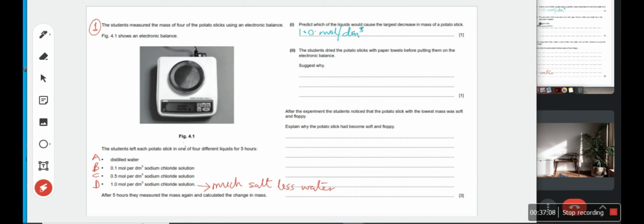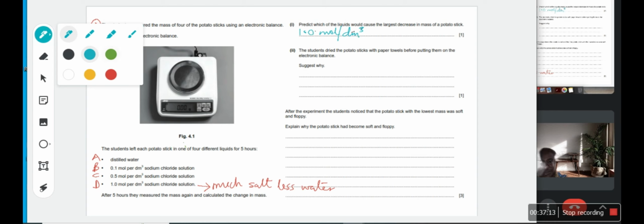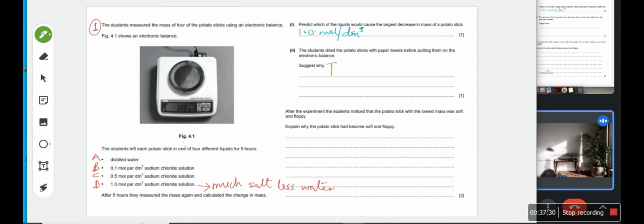Because the potato stick has excess water, which will affect the mass. What you mean is, when you bring out the potato chips, there might still be water attached to the body because it's wet. So you need to dry so that you don't account for those other water. So basically to clean up the water particles or molecules, if you like.